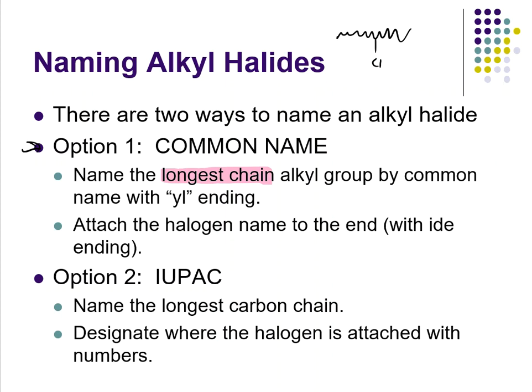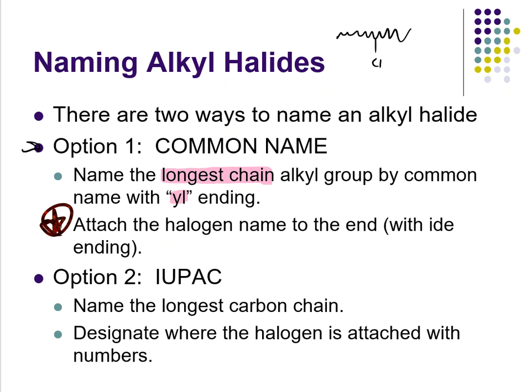Folks, that's what we've been doing. There's no difference here. But we're going to name the longest chain with a YL ending. And then what we do is we add the name of the halogen onto the end with an IDE ending. All right, so those are the rules for common names.